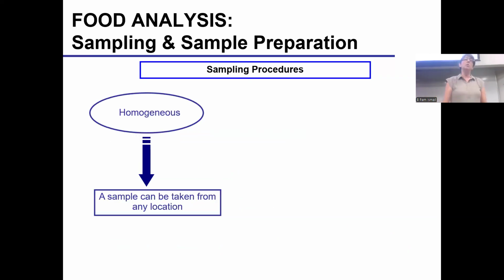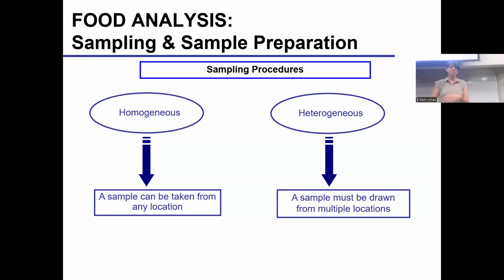That's an example. So again, there will be a specific way of sampling depending on the product. You will know that through references later on if you have to determine that. So it's very easy to sample from a homogeneous sample. It means it's all same particle size, let's say, all homogeneous consistency like the flour, but sometimes you have samples that are heterogeneous.